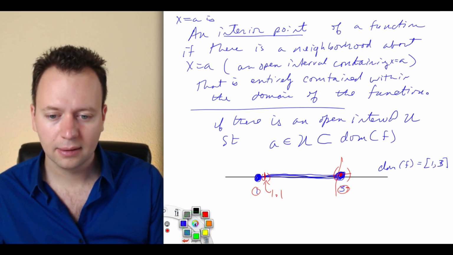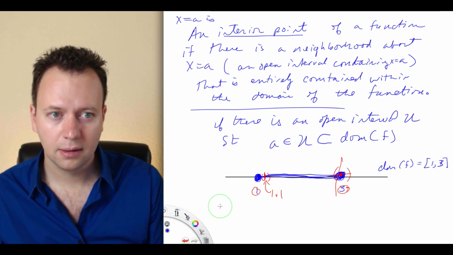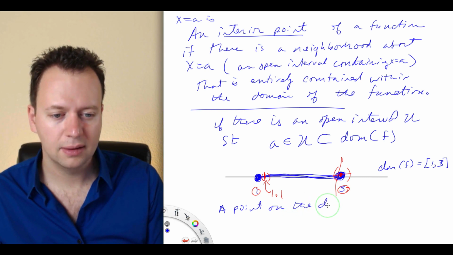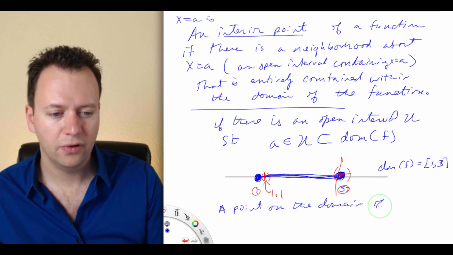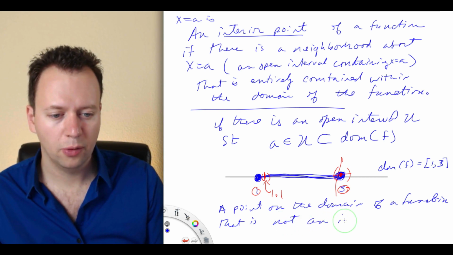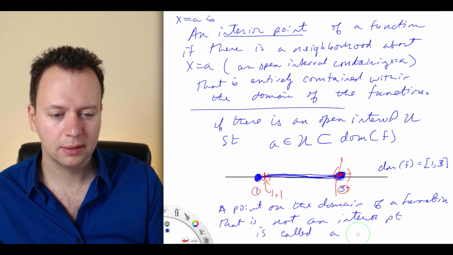So we say a point on the domain of a function that is not an interior point is called a boundary point.